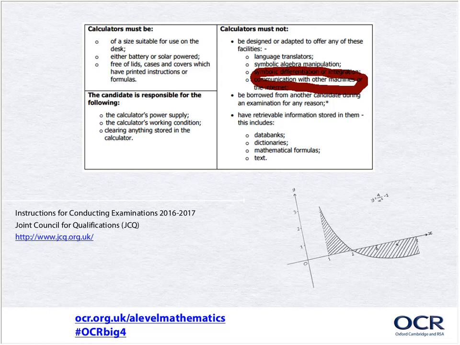A lot of the new calculators do have USB ports, but basically that means nothing can be plugged into those USB ports. You can't have something that will make the calculator either Wi-Fi enabled or having leads connected into something else.